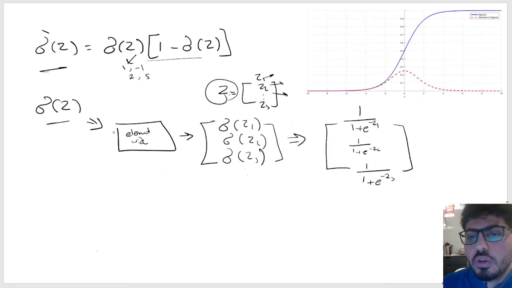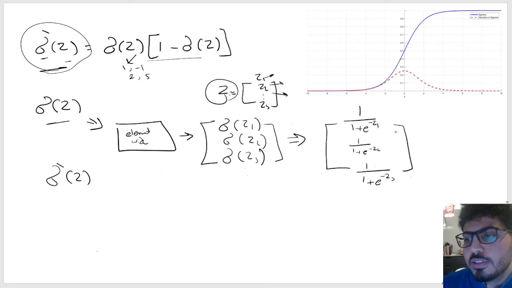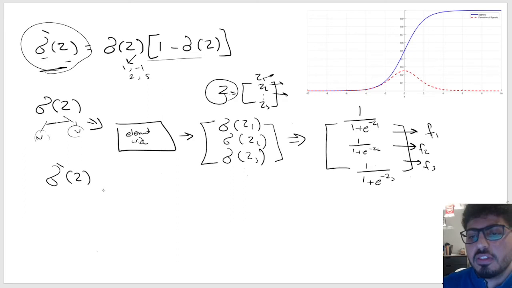Okay, so how will we go about computing the partial derivative of the sigmoid with respect to Z, which is sigmoid prime of Z? Well, if you go back to our matrix calculus video, we always call this F1, F2, F3. And if you remember, the sigmoid function is a vector valued function because it returns a vector, and Z itself is a vector. So the derivative of a vector valued function with respect to a vector is a matrix that's called a Jacobian. So what is the Jacobian of the sigmoid function?